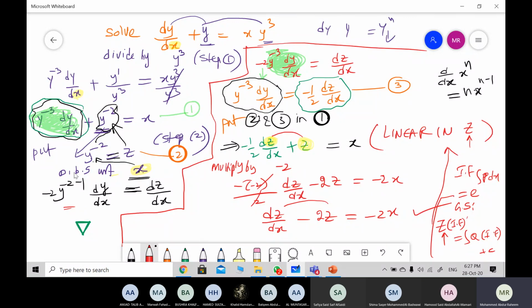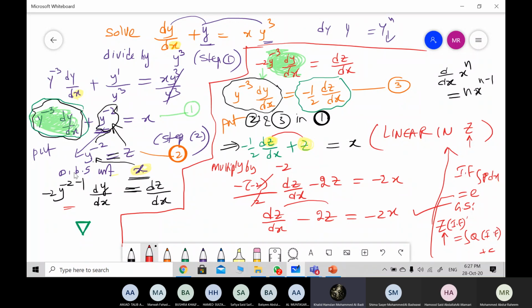Are there any questions on this, please? Any step you can ask. Mr., in equation 1, on the right side there is x, but down you replace it with dz over dx.